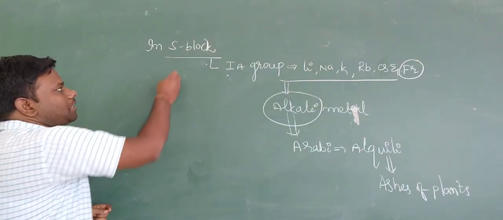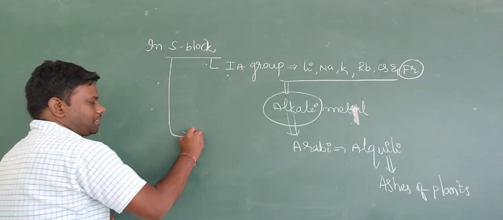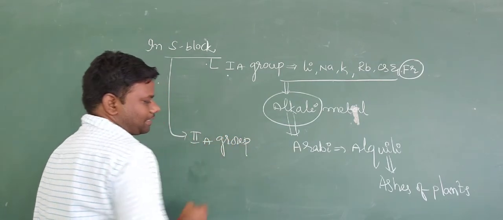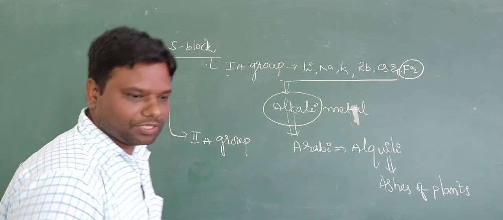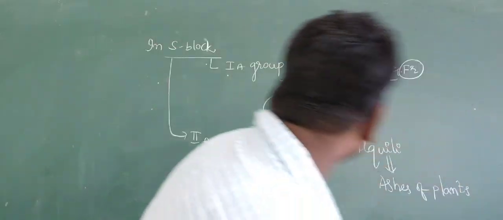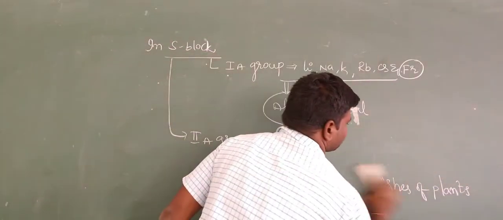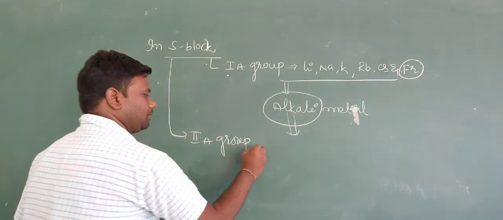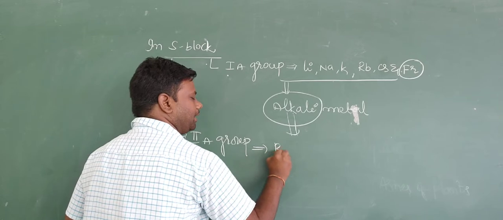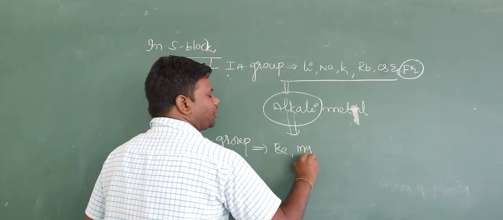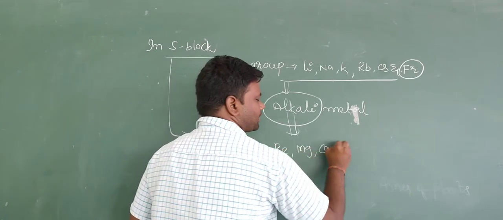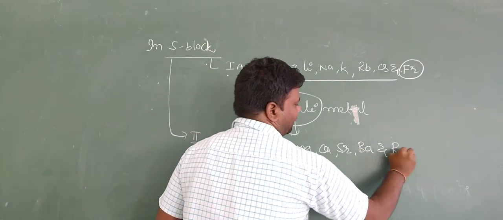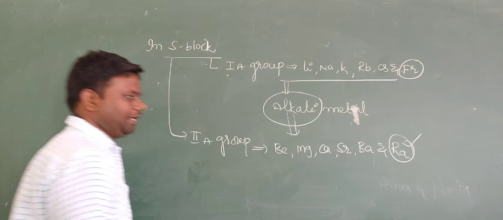The S block elements also contain second group elements: beryllium, magnesium, calcium, strontium, barium and radium. Radium is a radioactive element.